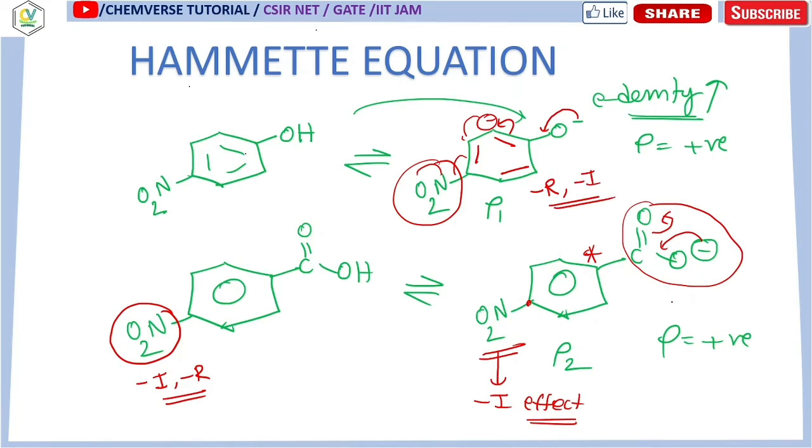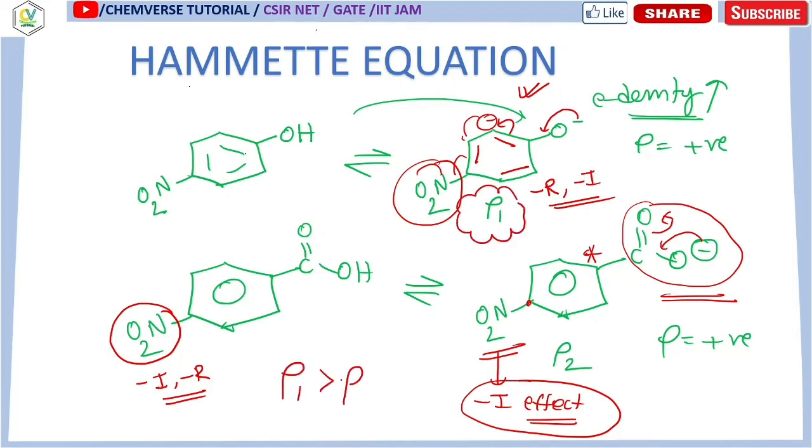But for the second case where the carboxylate is present, it is only exerting minus I effect to stabilize the negative charge. So in both cases an electron withdrawing group is present, but the stabilization of the anion is greater for the first case. So the magnitude of rho 1 will be higher, and as a result rho 1 will be greater than rho 2.